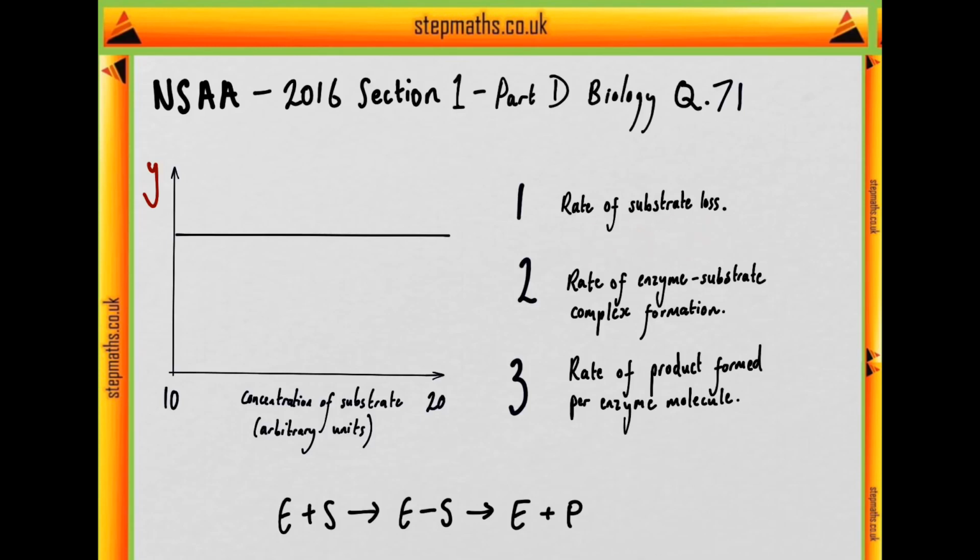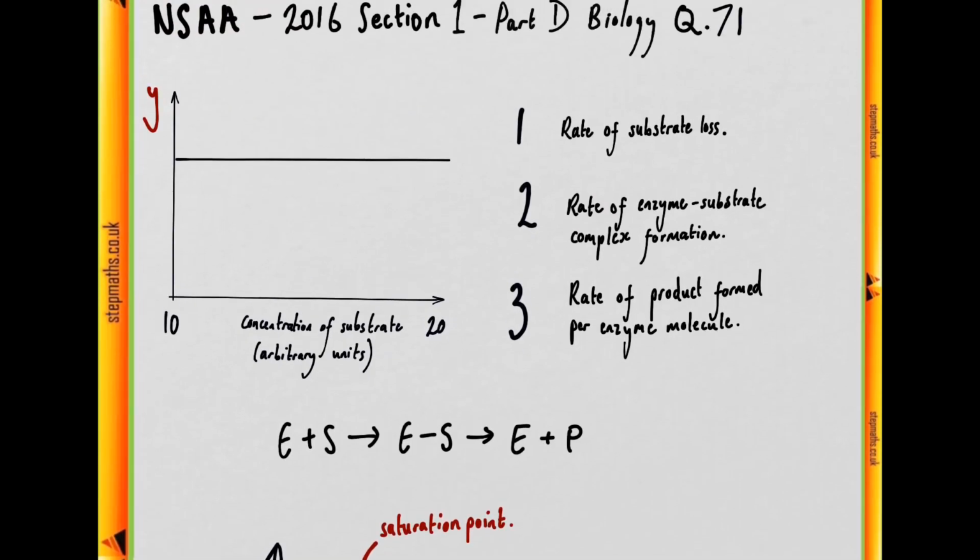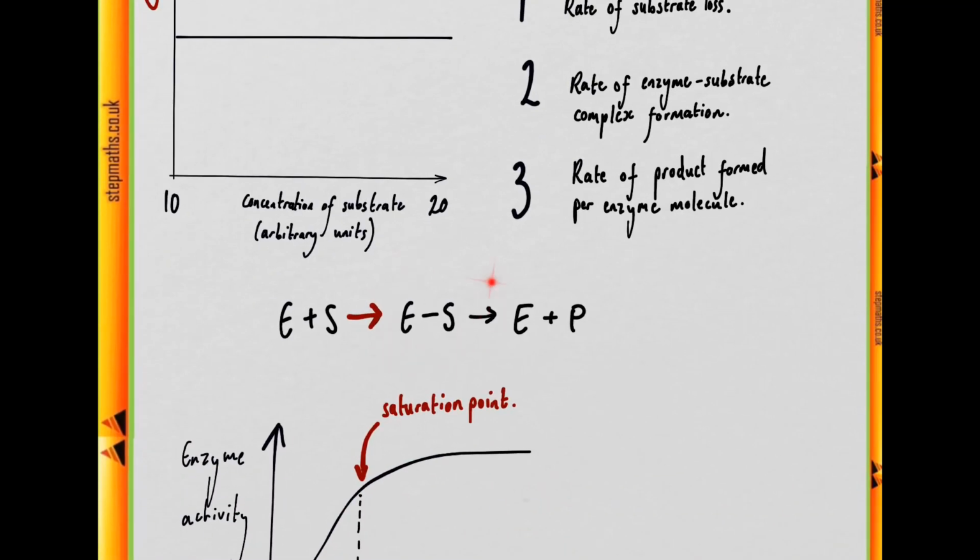So, the rate of substrate loss. Well, when are substrates lost? Substrate loss is a byword for the process of enzyme plus substrate going to enzyme-substrate complexes. In this process, substrates are technically lost and then go on to form the products. So, could the rate of substrate loss, i.e. the rate of enzyme-substrate complex formation, be constant?